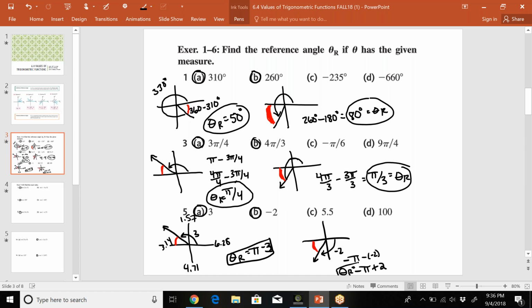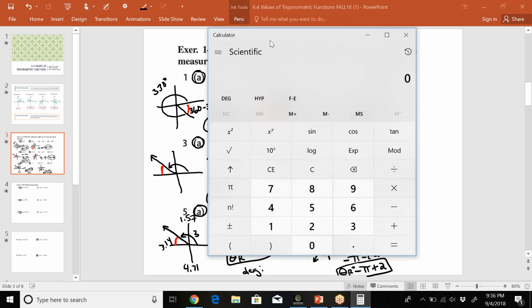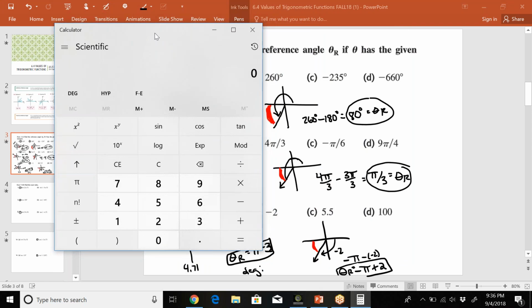Now, something I noticed in your homework on both of these is that they actually have you convert these to degrees for the reference angle. So if you need degrees, because like I said, that's what the homework does, you need to take this answer. So we would take our calculator. We don't do that on a lot of the problems. We leave it as pi minus 3, but I did look at the homework real quick and they do convert it to degrees for some crazy reason.